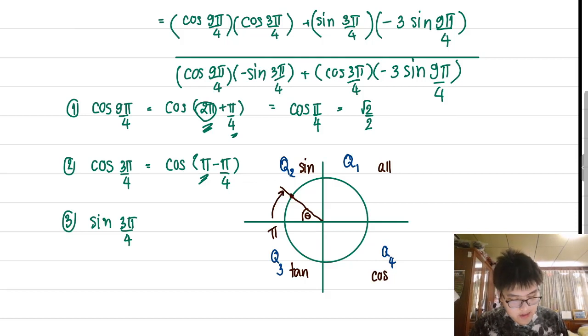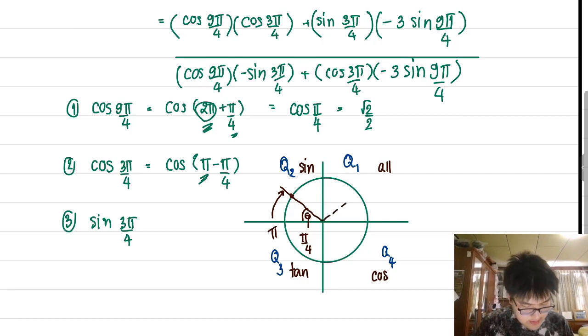This angle is pi over 4. Then you draw a symmetry line like this, and this one is also pi over 4 because of symmetry. Then you find the cosine in quadrant 1.